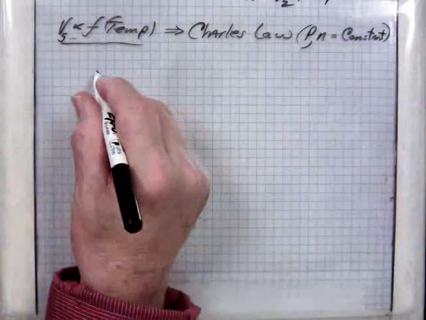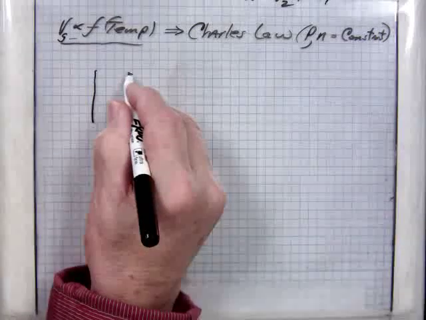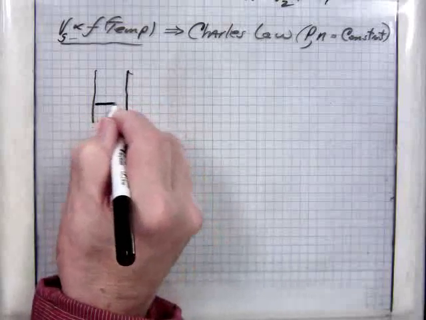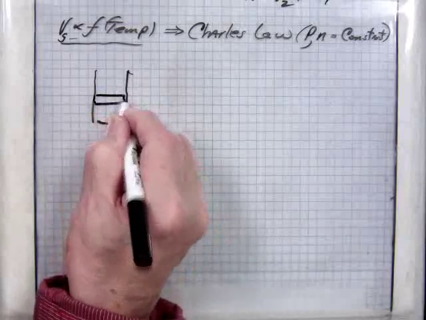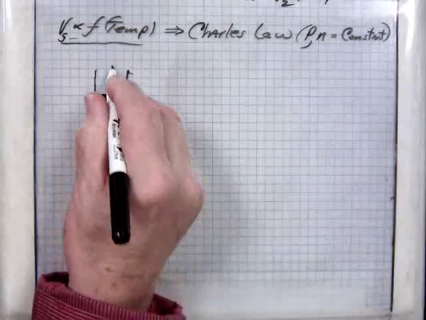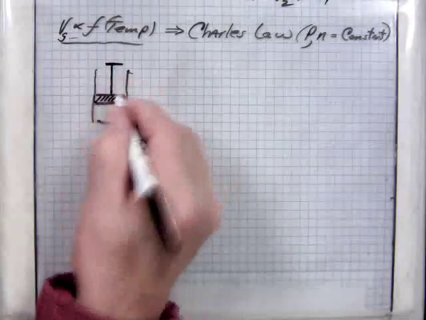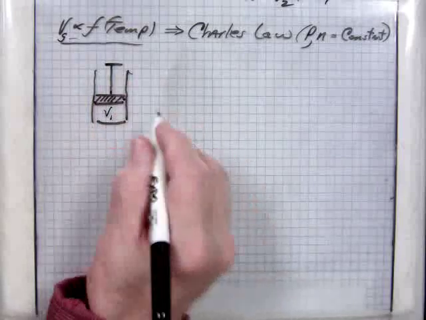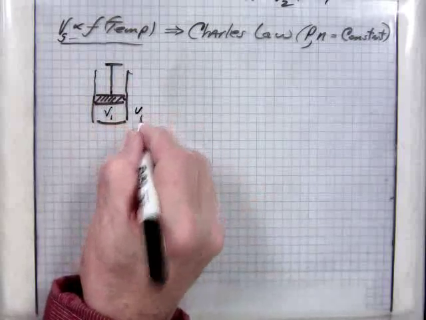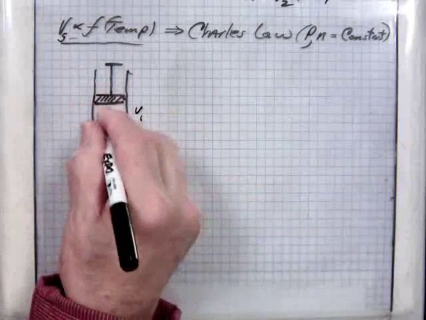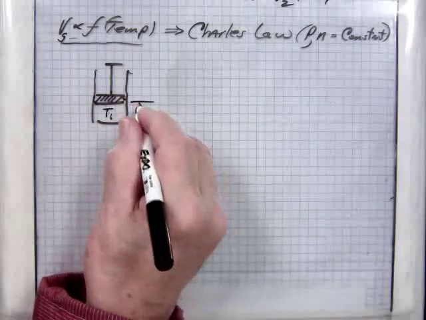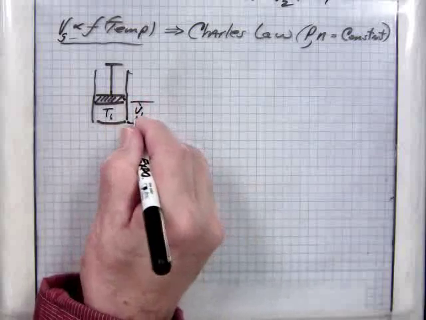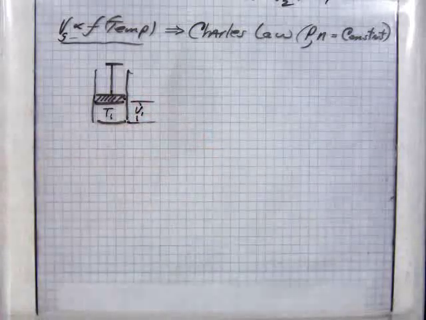So what we can do to illustrate the derivation of the empirical formula is start with a piston cylinder with a piston, and it'll have volume of gas in here at, well, let's say V1, and at temperature 1. Volume 1 at temperature 1.